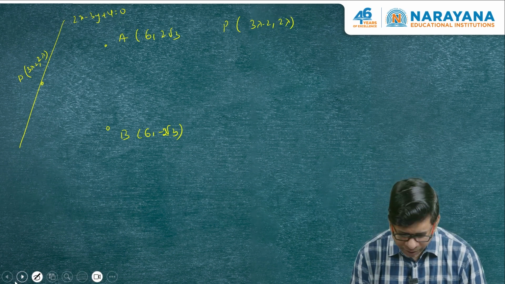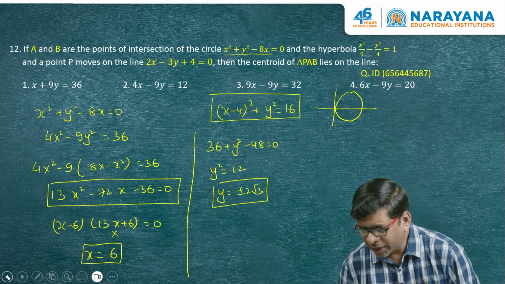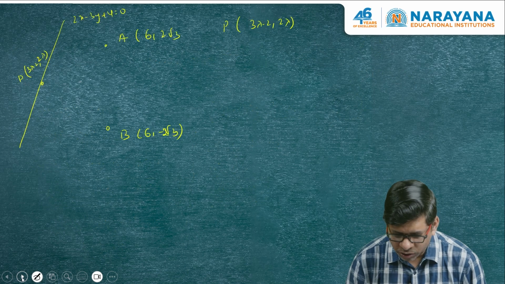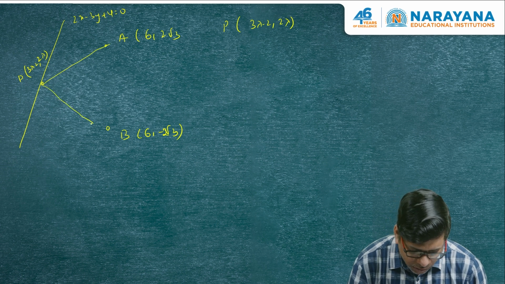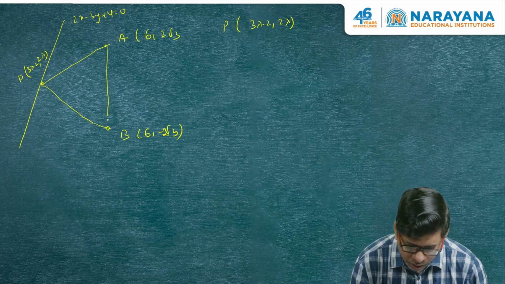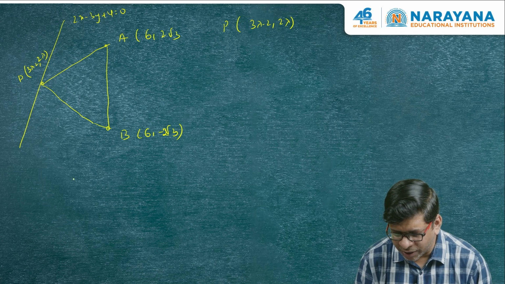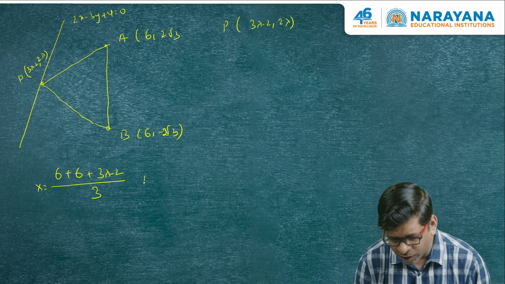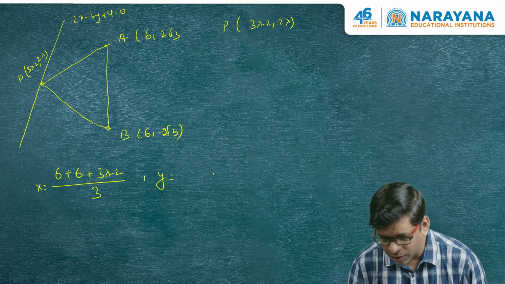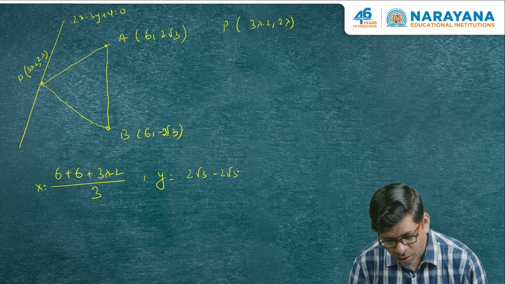Now what they are saying is about the centroid, and they are asking for the locus of the centroid. So let us write the centroid: (x1 plus x2 plus x3) by 3. The x coordinate is (6 plus 6 plus 3 lambda minus 2) by 3. The y coordinate of the centroid is (2 root 3 minus 2 root 3 plus 2 lambda) by 3.